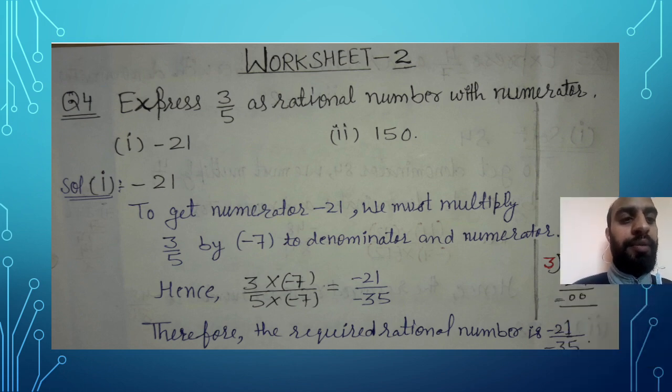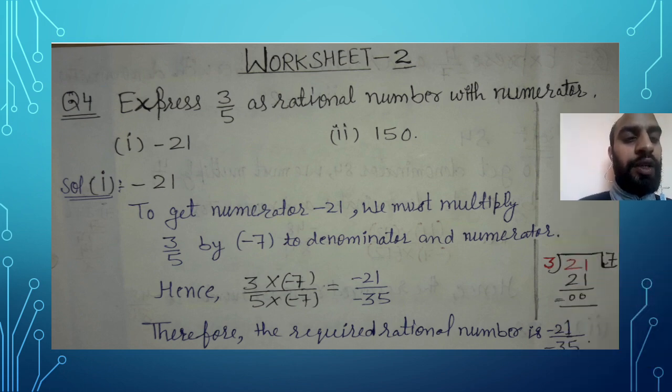Second, you can use the division method in the rough area. In the question the numerator is 3 and in the answer we need 21, so we divide 21 by 3. You can see 3 sevens are 21, so it is completely divisible. Then 7 is our answer.